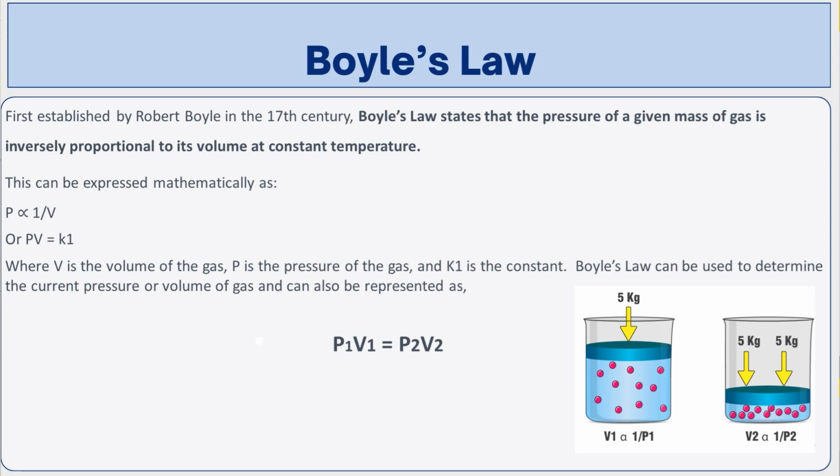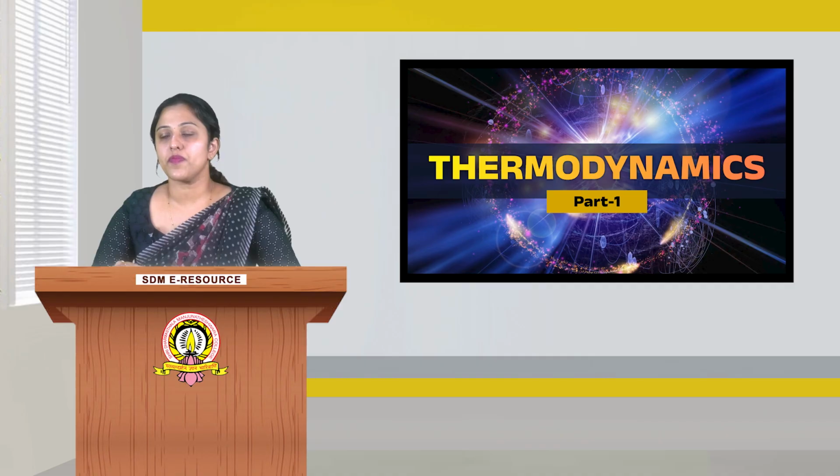Mathematically we can represent it as P is proportional to 1 by V, or PV is equal to K. Here P stands for the pressure of the gas, V is the volume of the gas, and K is the constant. So Boyle's law can be used to determine the current pressure or the volume of a gas, and can also be represented as P1 V1 is equal to P2 V2.